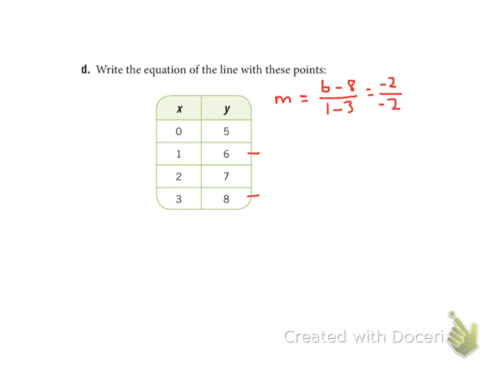Negative 2 over negative 2, which is equal to? 1. So our slope is 1. We also need the y-intercept, which they actually gave to us right there. So we should be able to substitute right into the equation, and we'll have our answer.